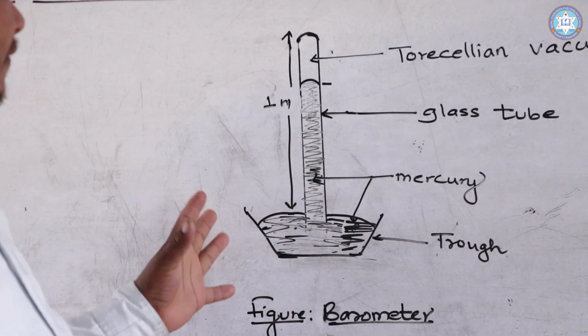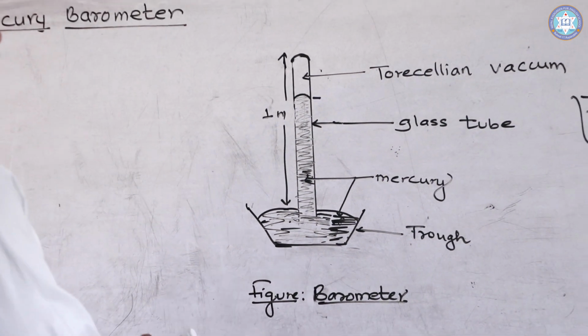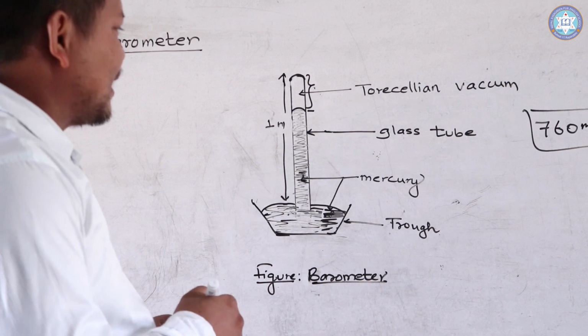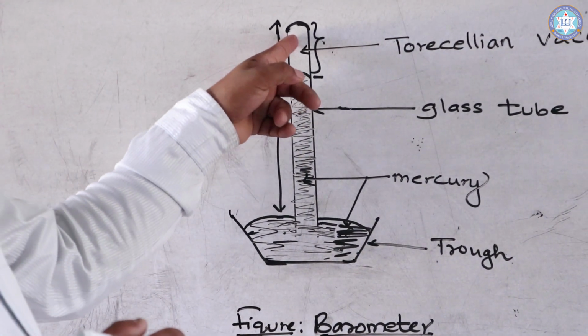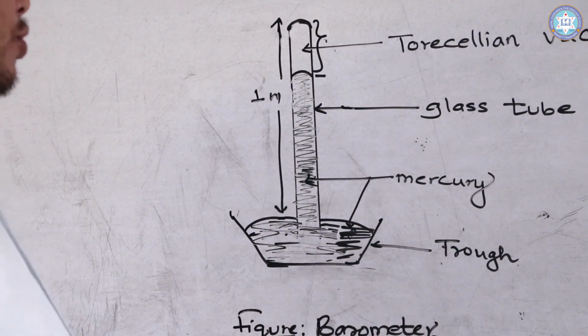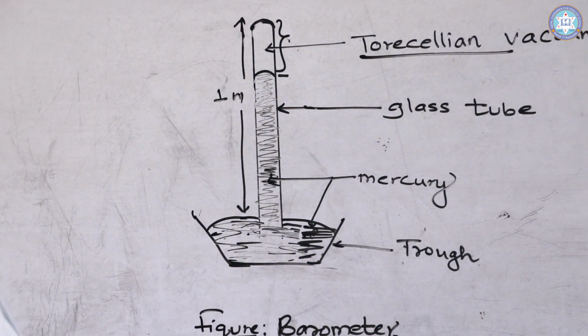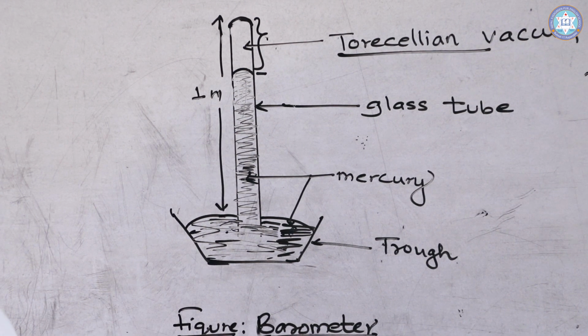This is the working mechanism of this barometer. At the top a vacuum is produced, on the top of the glass tube, which is called the Torricellian vacuum. What is it called?